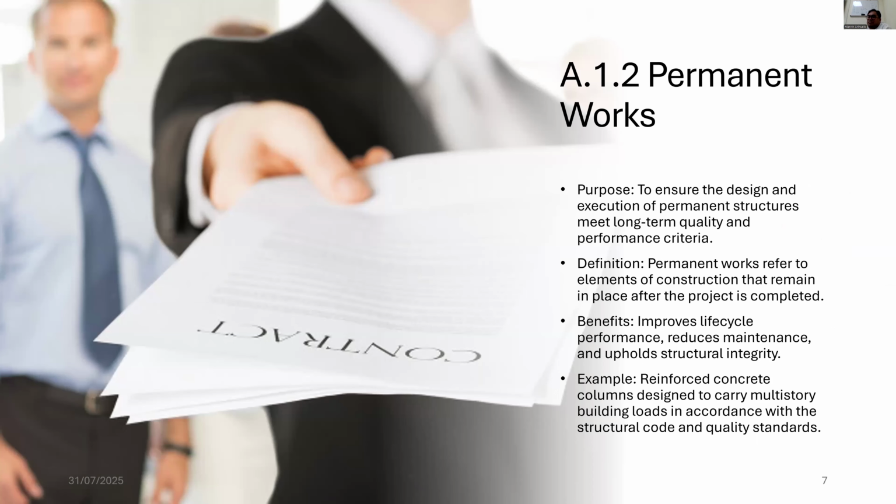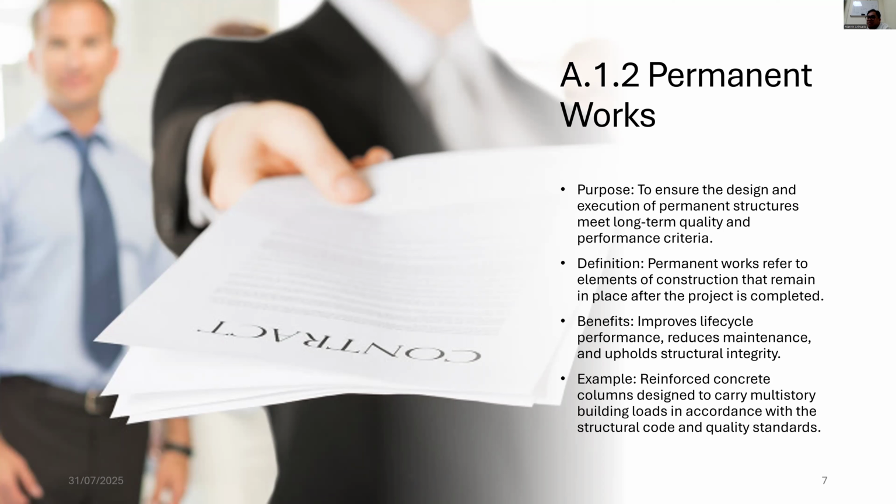Permanent works. The purpose is to ensure that the design and execution of permanent structures meet long-term quality and performance criteria. In short, to meet the design intent, functionality, or use, and definitely to meet its design useful life, or anticipated useful life.